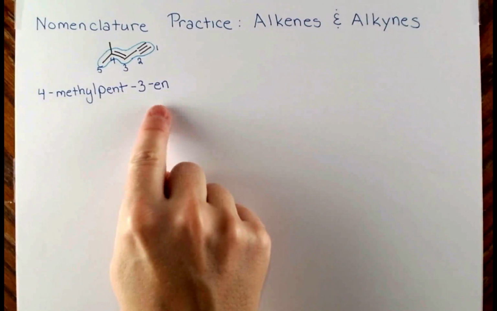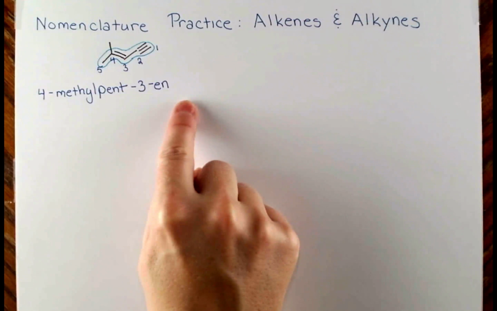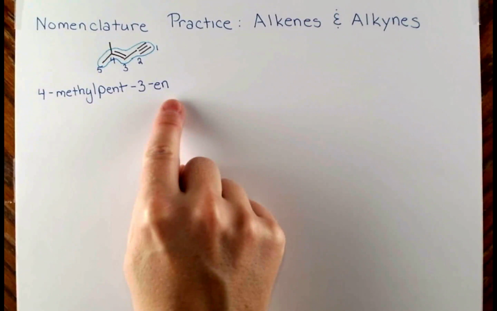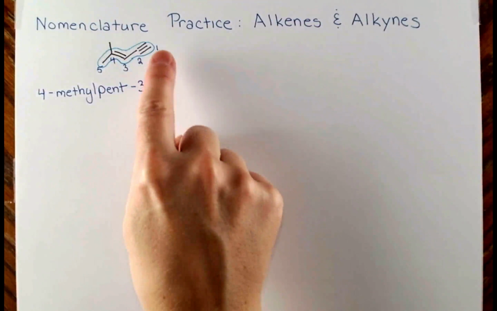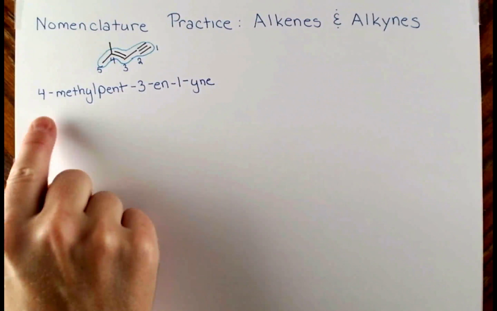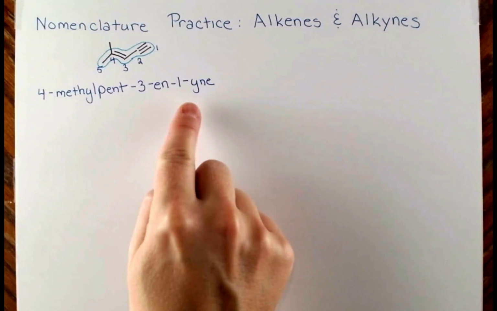Now, if there just were an alkene, this would be ene, but since we're continuing the name, we have to drop that final e to tell where our alkyne is. Our alkyne is at the 1 position, so actually we can completely leave it out and just write enine, or we can define it a little bit better using the number 1 because the alkyne begins at number 1 in the chain. Putting it all together, this compound is 4-methyl pent 3-ene 1-yne.